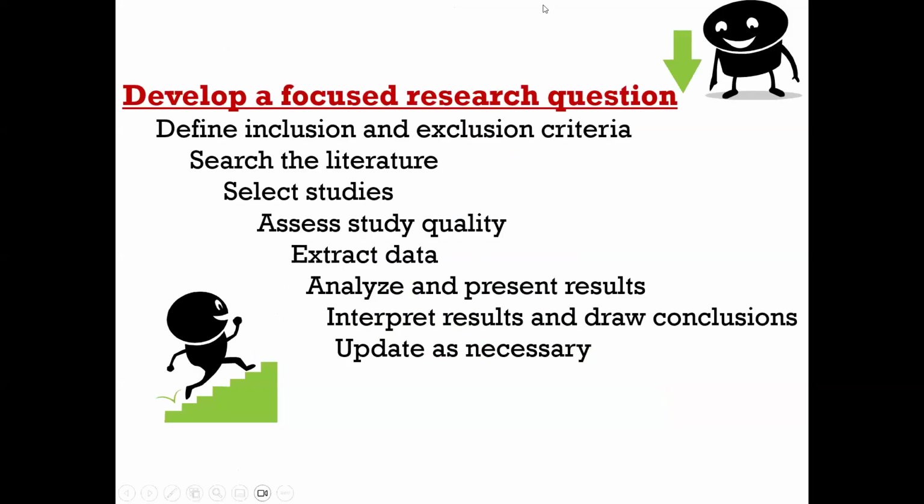So let's see the steps, okay, how to carry out a systematic review. Basically, first you have to develop a focused research question. It might be anything, like I mentioned, it is your interest, your research background.